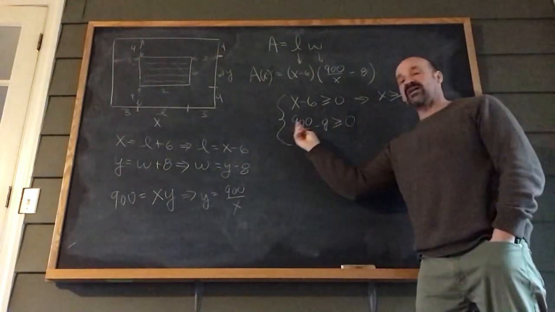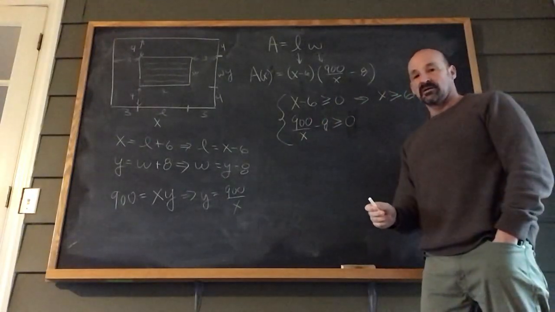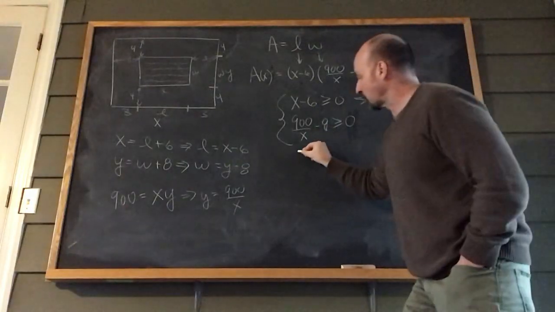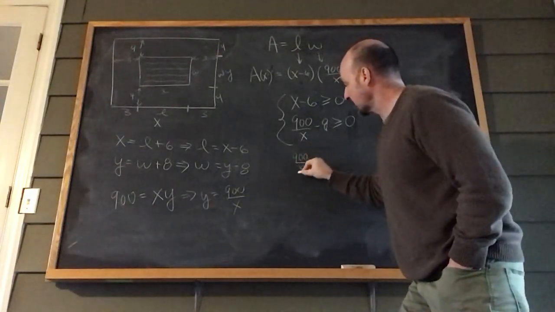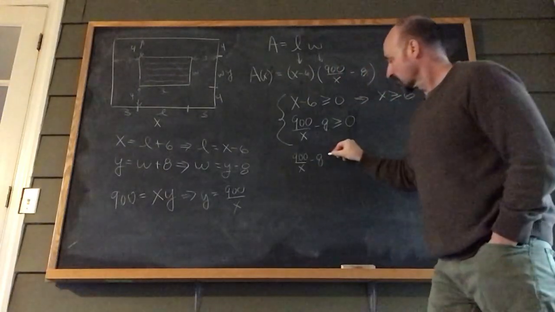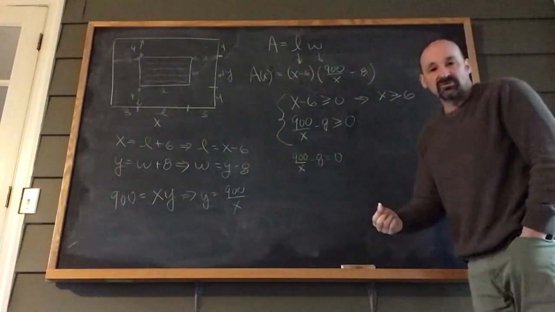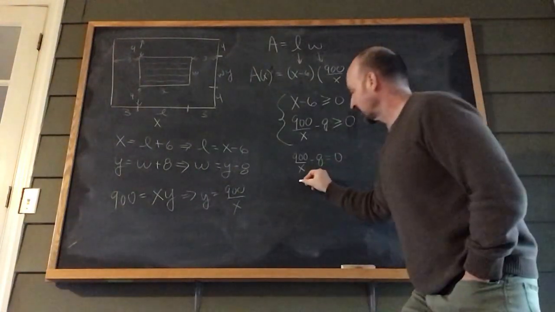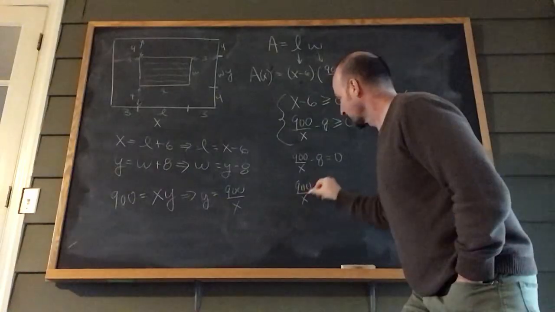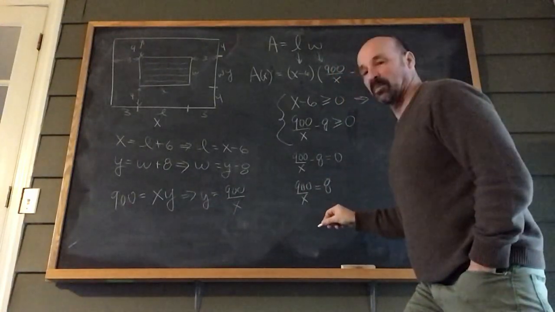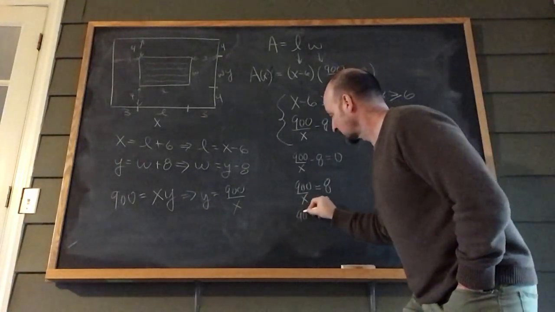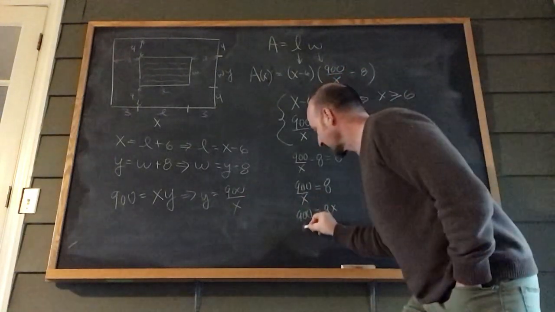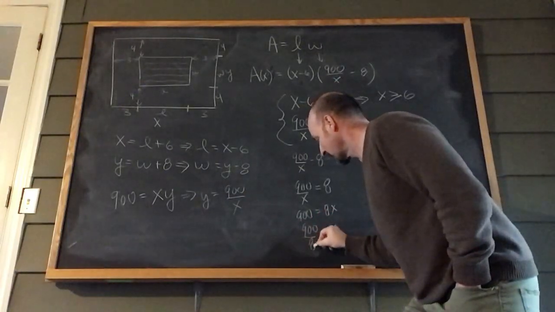And now to solve this inequality, I will figure out when 900 over x minus 8 equals 0. I'll solve the equation, and then I'll plot those values on the number line. All right, so 900 over x minus 8 equals 0. Multiply both sides by x. So x would be 900 over 8.